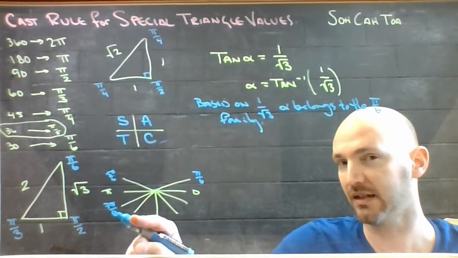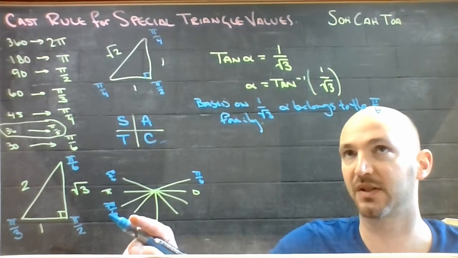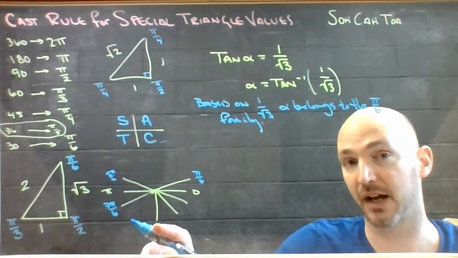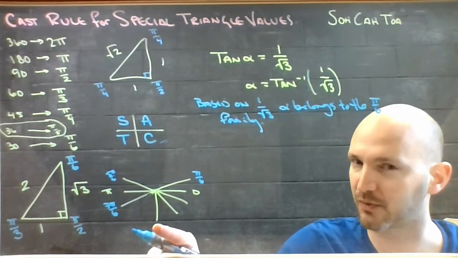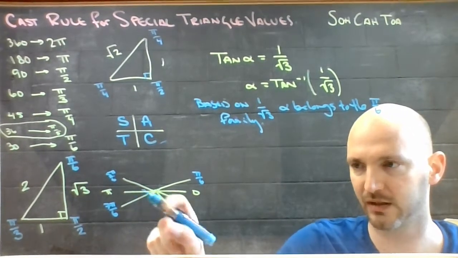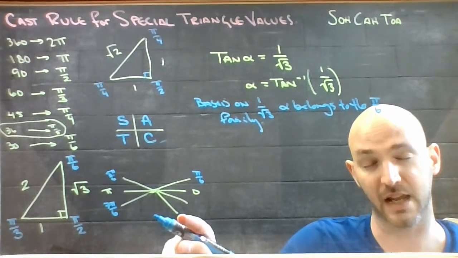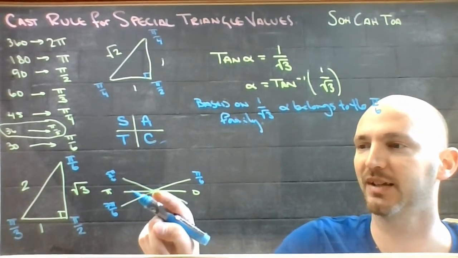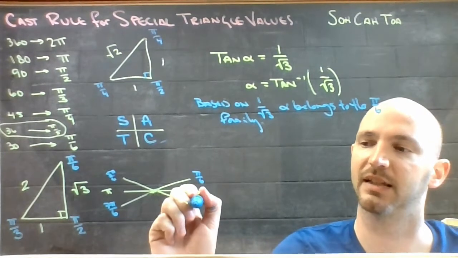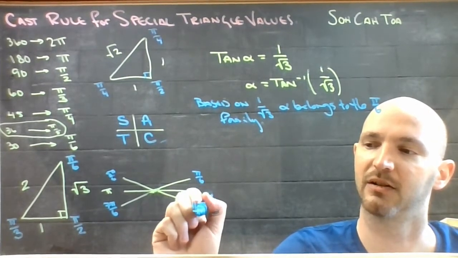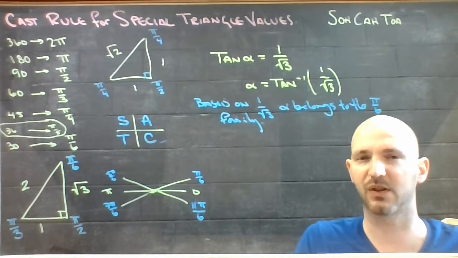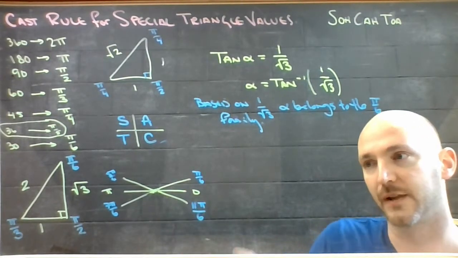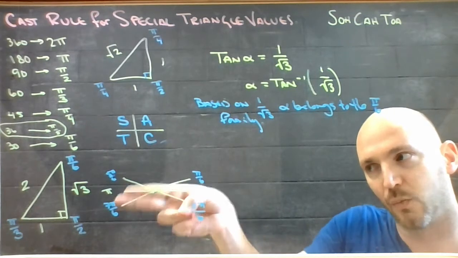This would be 8 pi over 6, which is the same as 4 pi over 3, so it's no good. This would be 9 pi over 6, which is the same as 3 pi over 2, so it's no good. This would be 10 pi over 6, which is the same as 5 pi over 3, so it's no good. And this one is 11 pi over 6.